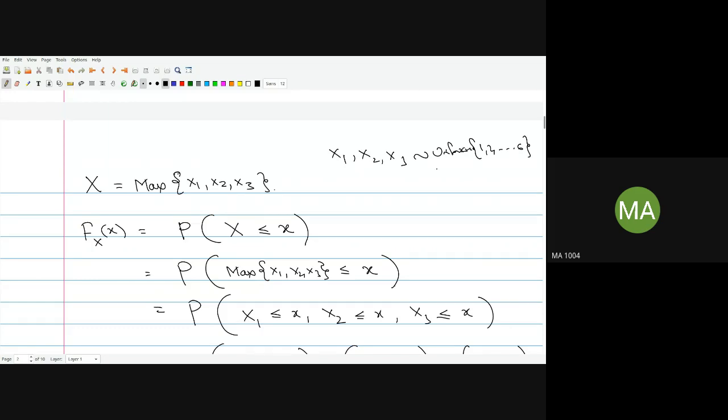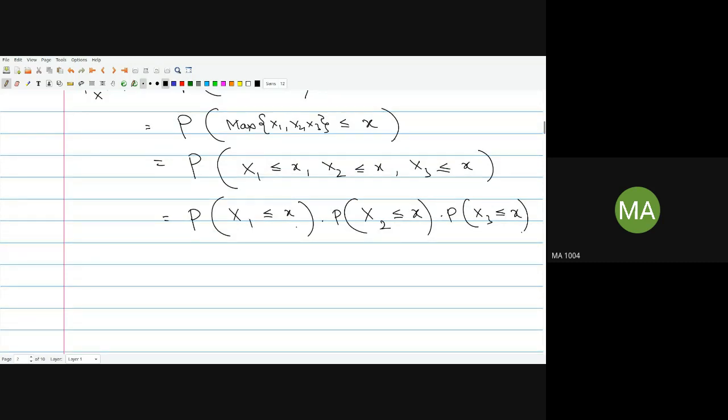Correct? So they all follow the same distribution and they are all independent. So they are IIDs. If you understand this, then everything can be taken as a whole cube. So x2, x3 can also be replaced by x1. So this thing we have to find.